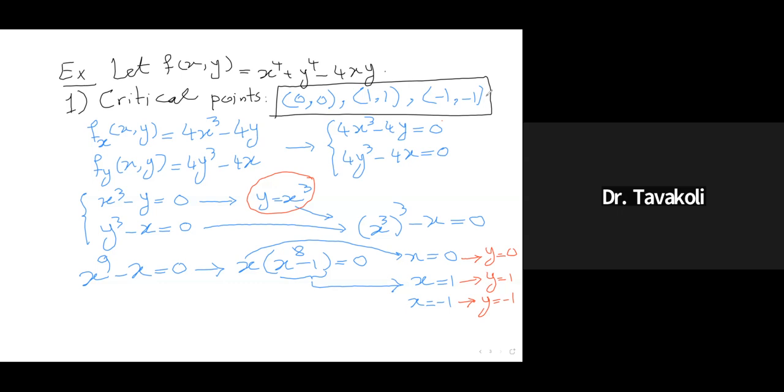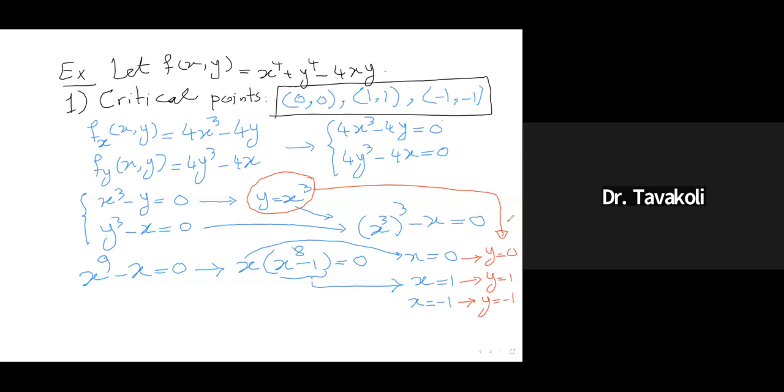The fact that y equals x cubed helped us know the corresponding y for every value of x. So we have three critical points. I should apply the second derivative test to each of these 3 points to determine whether we have a local max, a local min, or a saddle point.